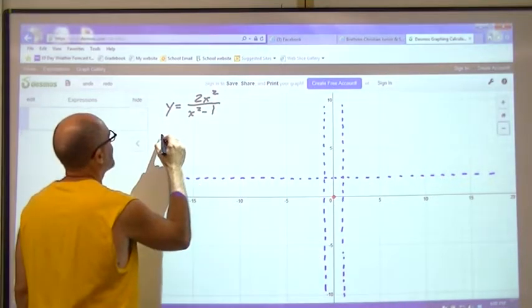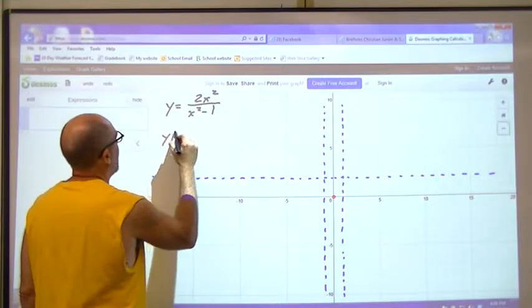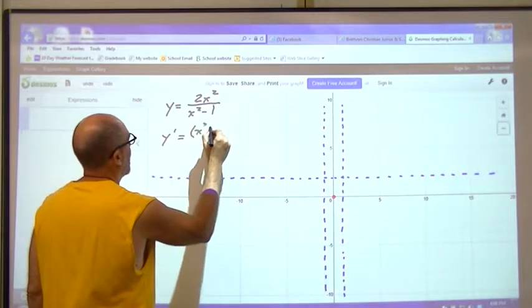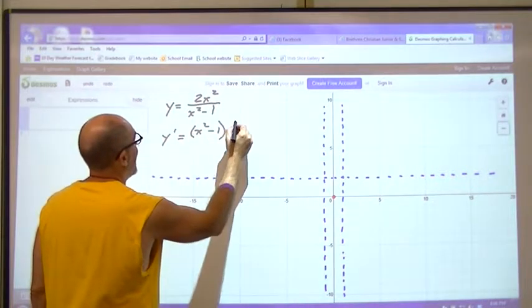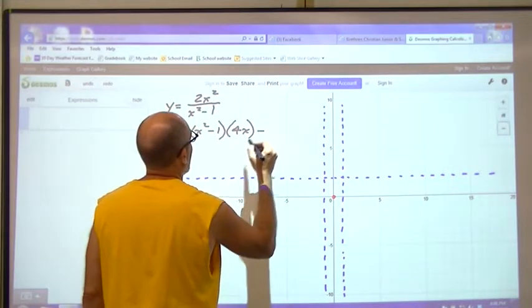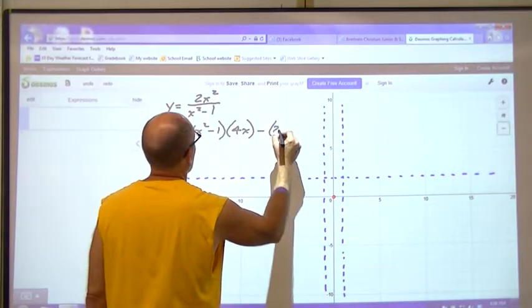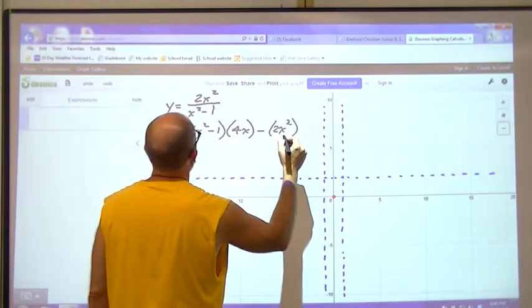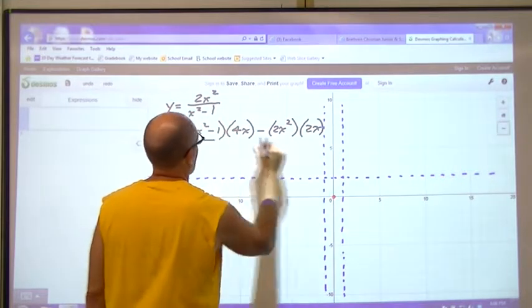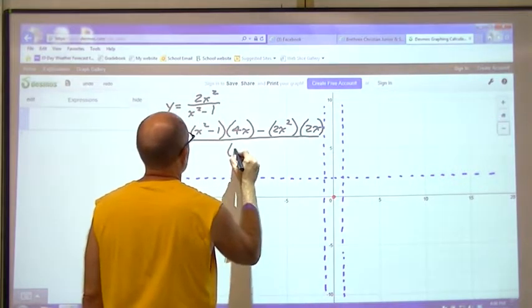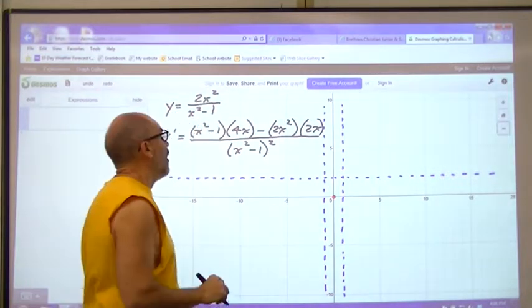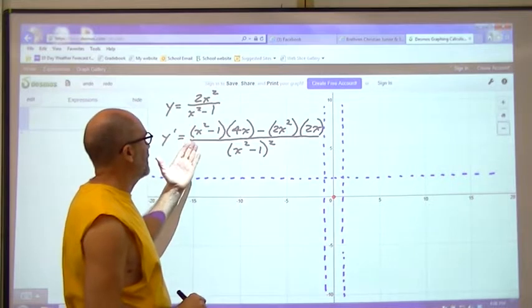So we've got y prime equals low d high minus high d low, square the bottom. And away we go. All right, so here's our first derivative.